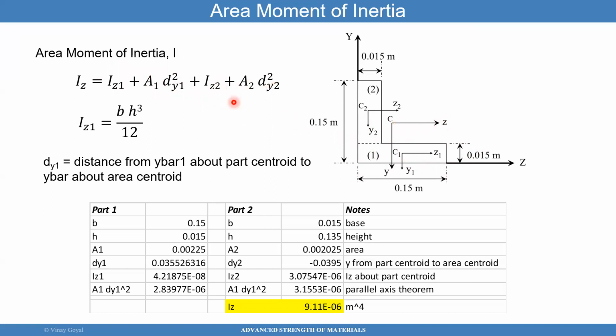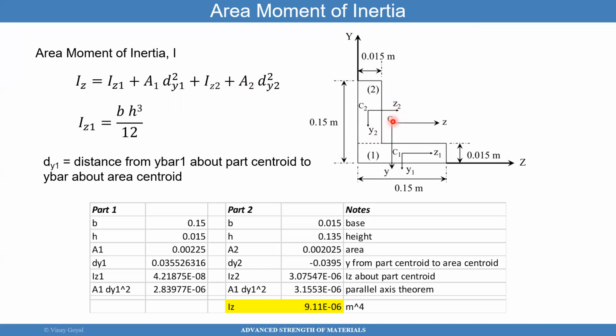Then we'll repeat the process for part 2. And you can see here part 2 has an area, A2, that we were able to calculate earlier. And then we have this distance between this point and this point. But now that's going in the negative y direction, that little distance there.